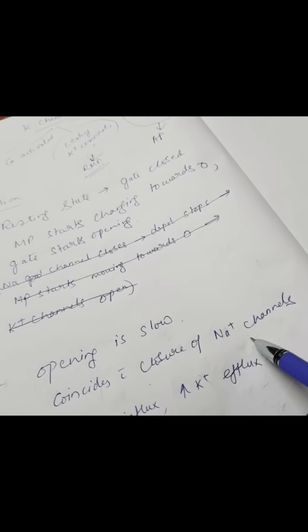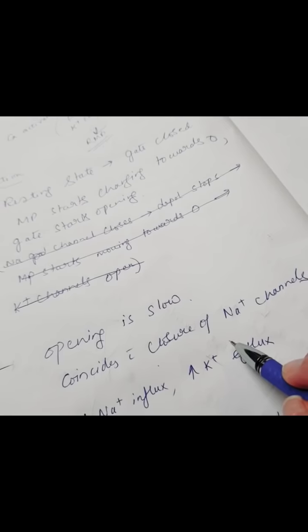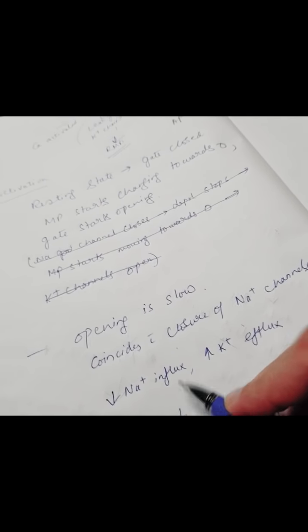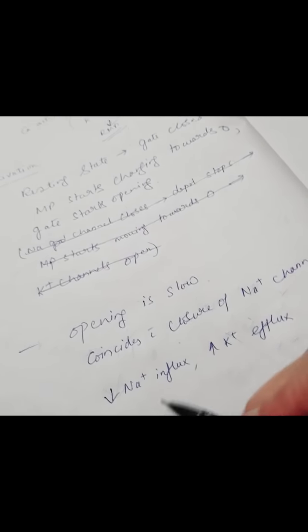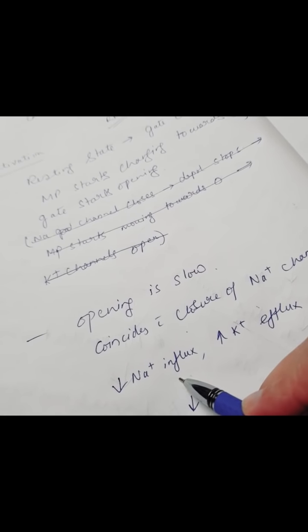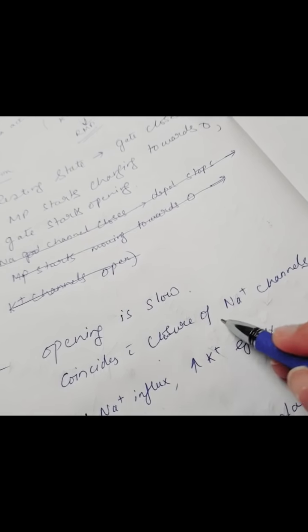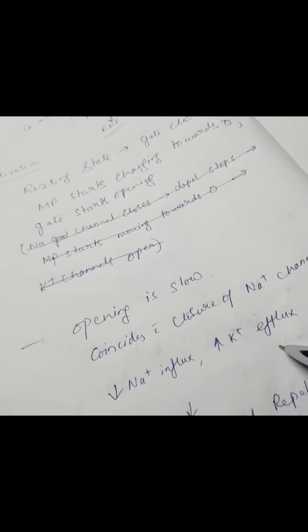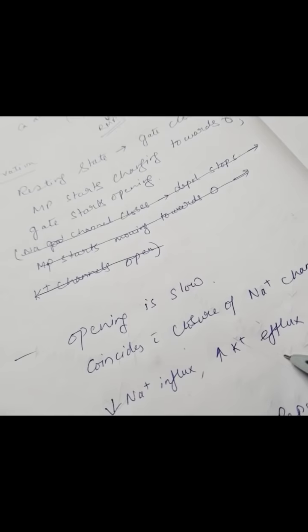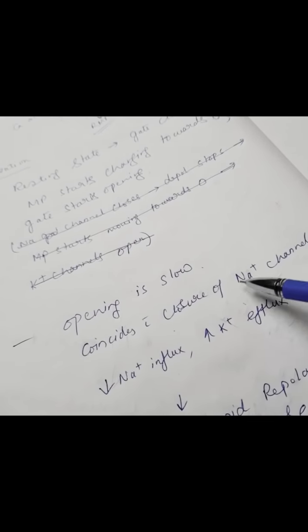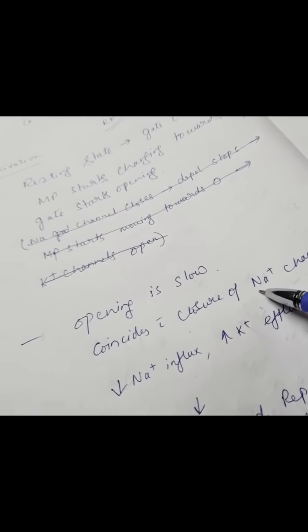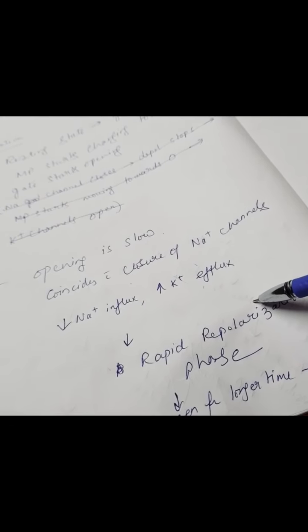The sodium channels have already started closing. So, if the sodium channels have already started closing, the sodium influx decreases and the potassium channels are now open, so potassium efflux increases. As a result, the depolarization stops, that is, the entry of positive charge decreases, the exit of positive charge increases. So the depolarization stops and the rapid repolarization starts.